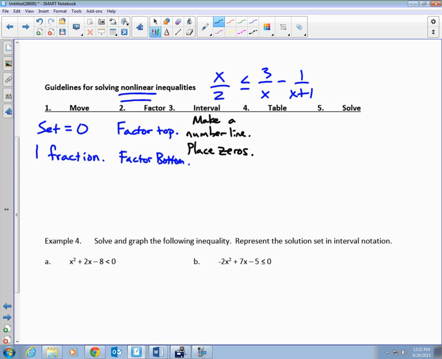Second of all, we set up a table, and the table has rows and columns. The number of columns is equal to the number of zeros plus 1. The number of rows is equal to the number of factors in the top and the bottom.